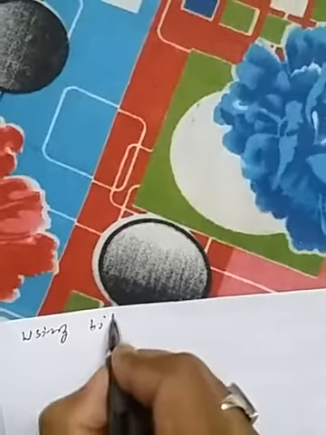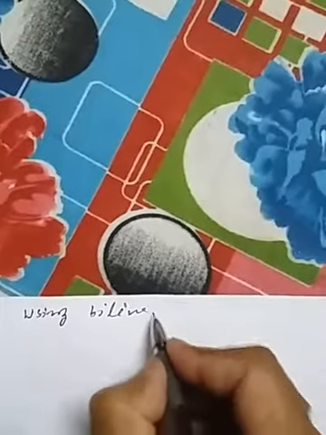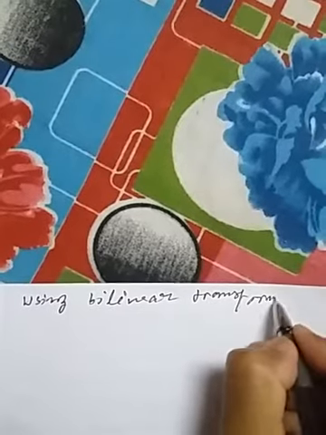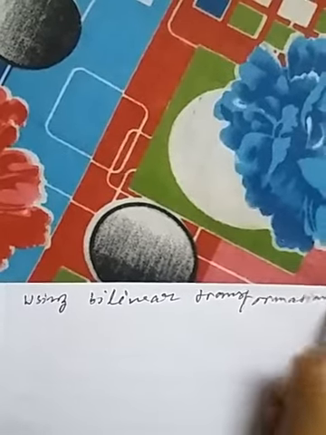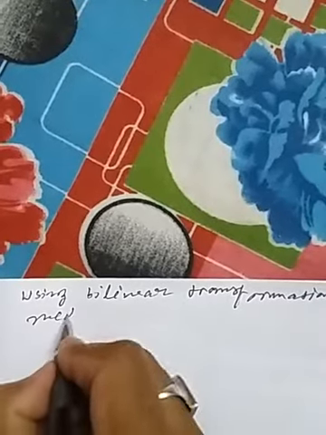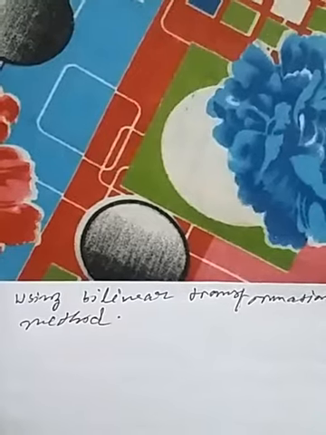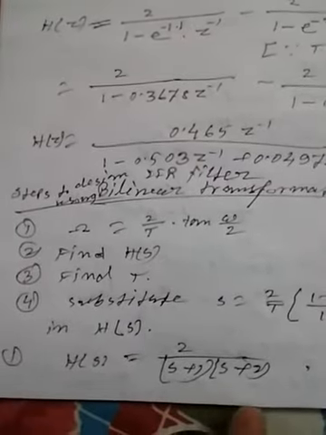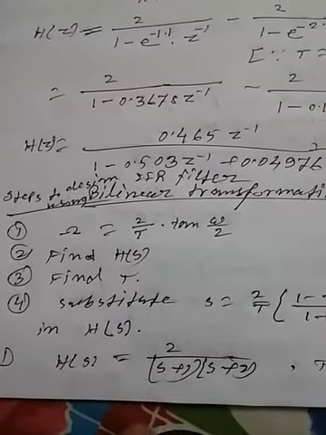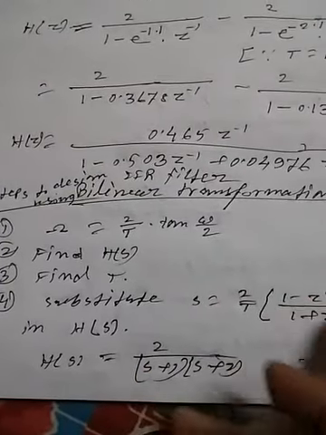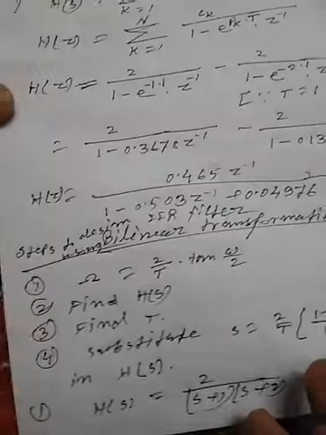So using the bilinear transformation method, we can directly obtain Hz from this Hs equal to 2 by s plus 1 into s plus 2. Just substitute s equal to 2 by T into 1 minus z inverse by 1 plus z inverse, so we can get Hz.